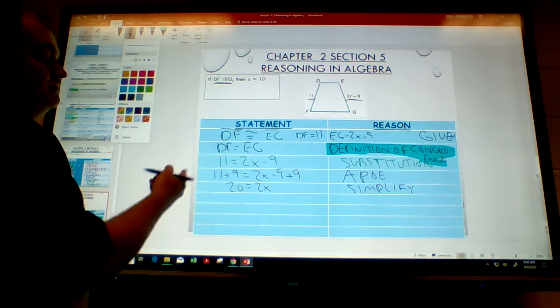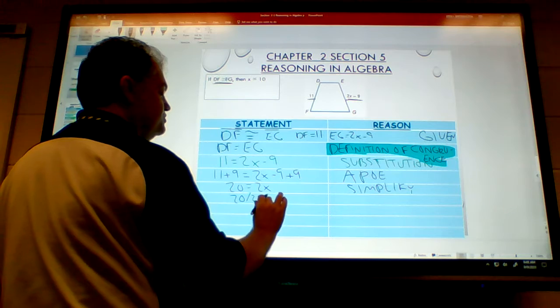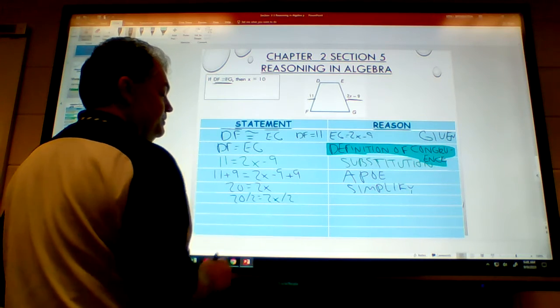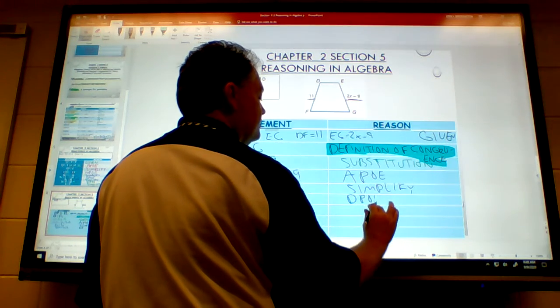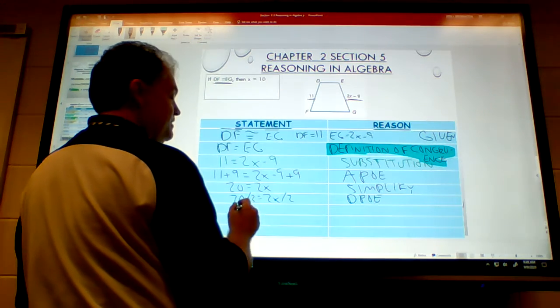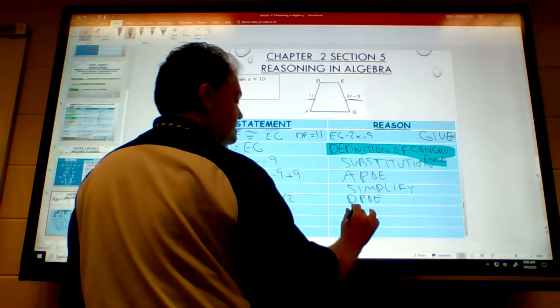And then from there, you divide by 2. So 20 divided by 2 equals 2x divided by 2. That's the division property of equality. And then you simplify that, you get 10 equals x. Simplify.